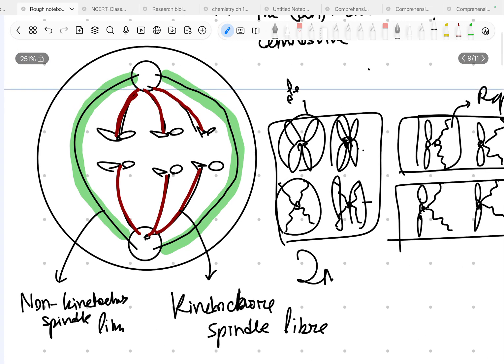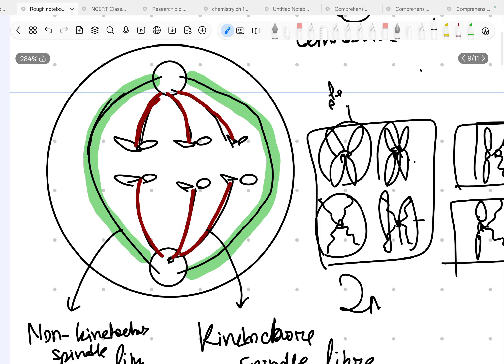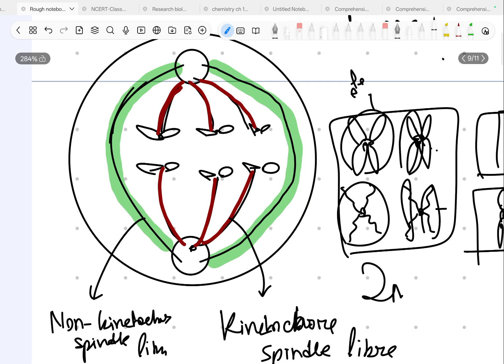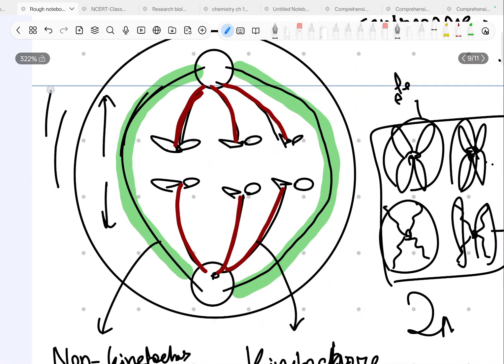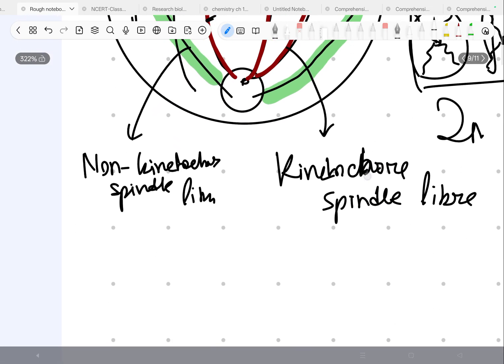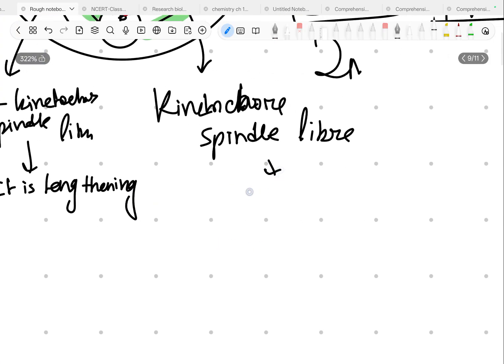What actually occurs here is that this non-kinetochore spindle fiber is lengthening, stretching itself and becoming larger. So it is lengthening, but it is sorting.